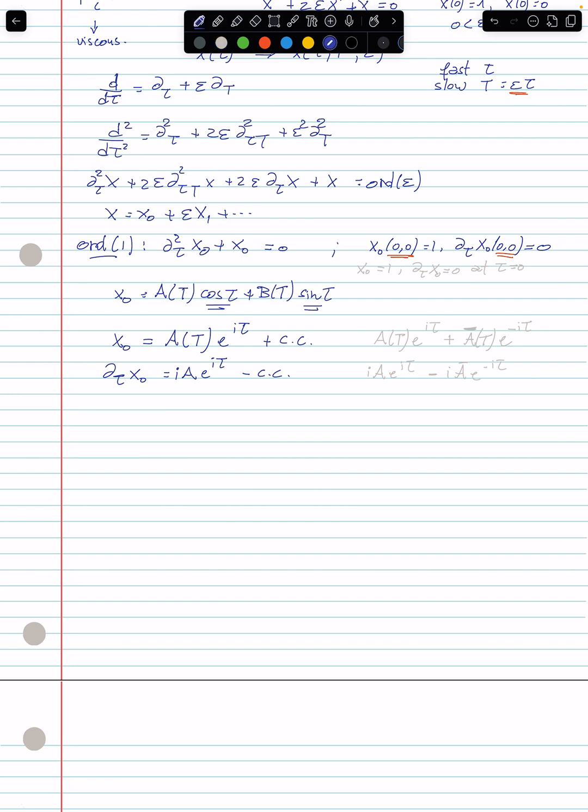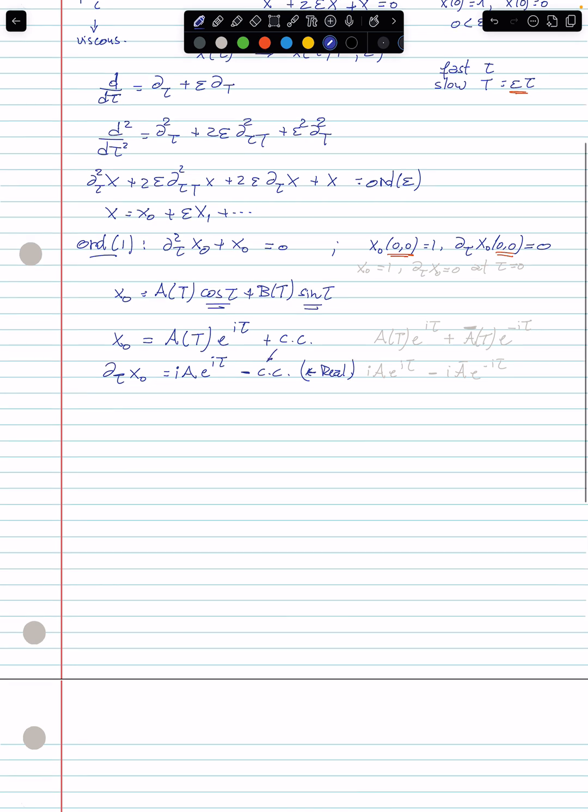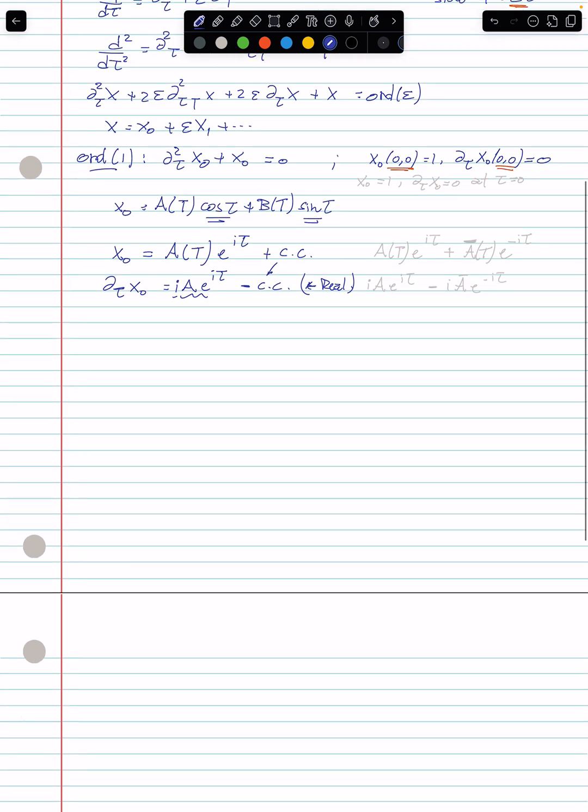All right, the thing to keep in mind is that you want this to be real at the end of the day. All right, so this is minus the first derivative of that complex conjugate, or plus the complex conjugate of the first term. And that's again not necessarily clear, because you might find different things in the literature.